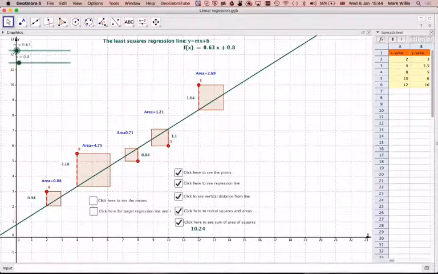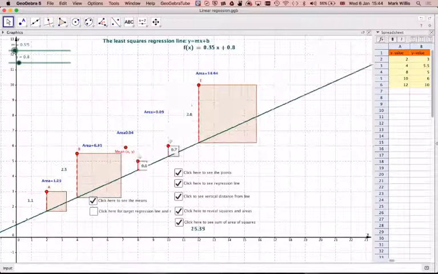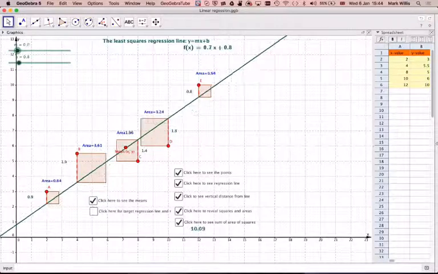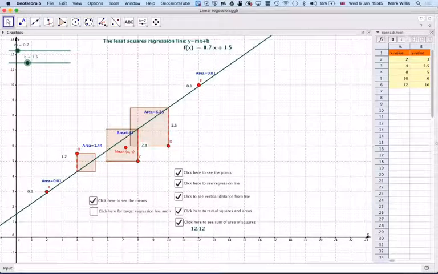Okay, so this is the mean of both sets of data, the mean of x comma y, and we have to move these so that A, the line must go through it, and B, that this is kept to a minimum, and we can keep moving.